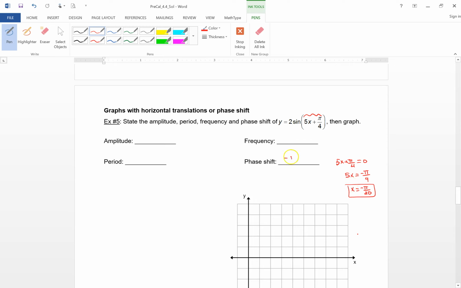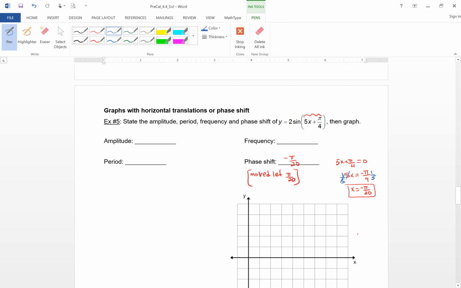So the phase shift is negative pi over 20, meaning this thing has moved to the left pi over 20. If you divide by 5, it's like doing 1 over 5, so it's pi over 20.